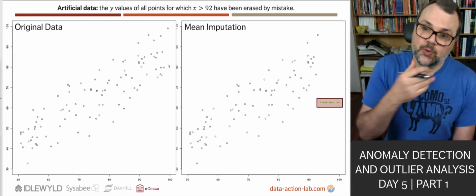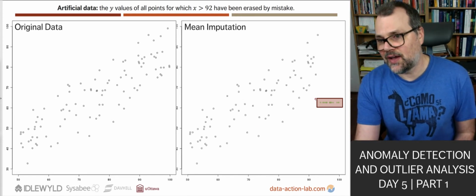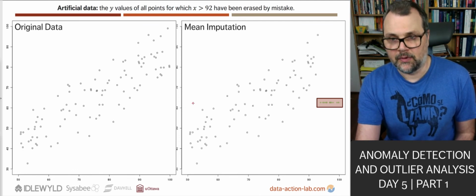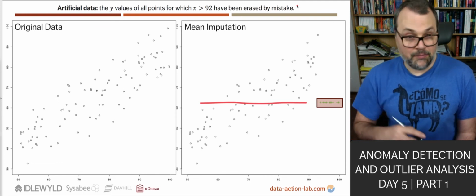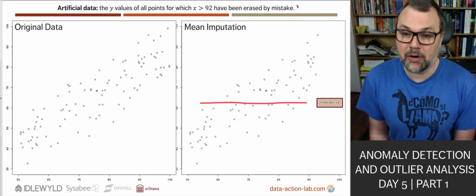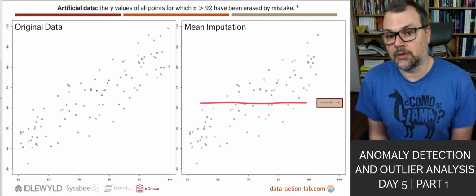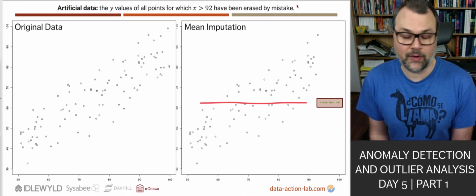If you decide to impute the mean, what you're saying is, I don't know what these values here truly were, but I'm going to look at the mean value for all of the final grades in my class. And perhaps the fairest thing I could do is to say, I've lost your final exam, but I'm willing to give you the mean grade for the student population as a whole, the ones that didn't lose their final grades.